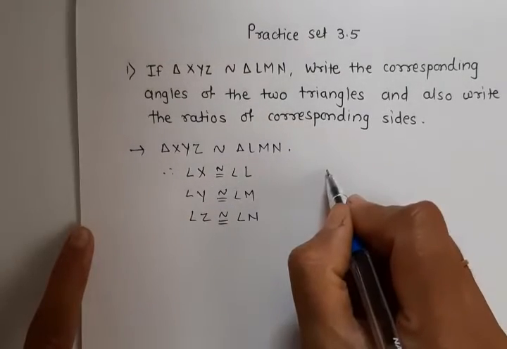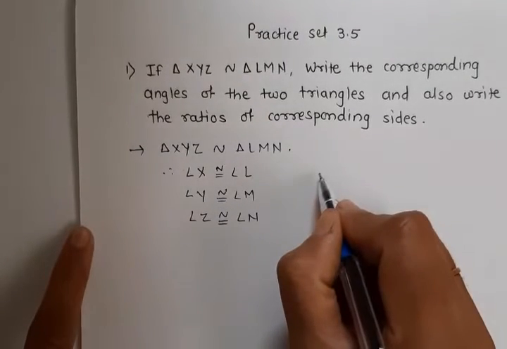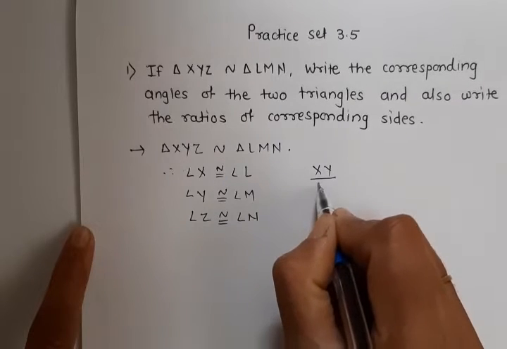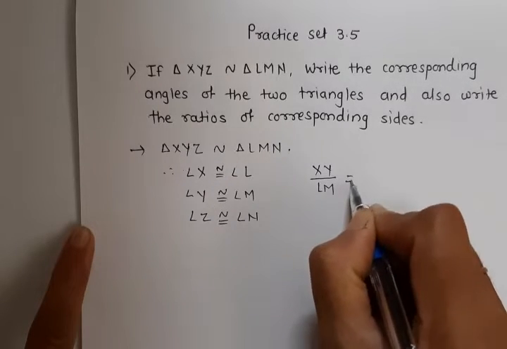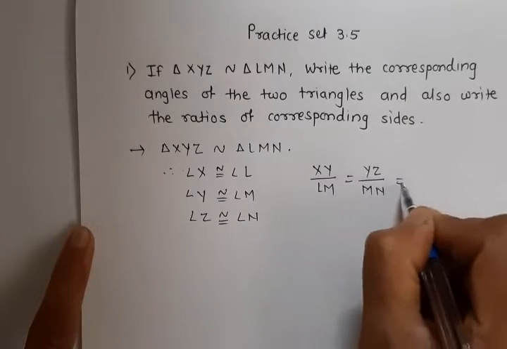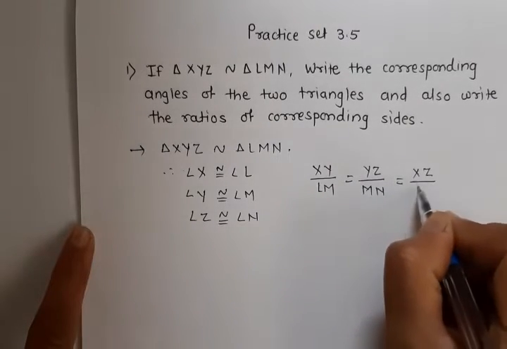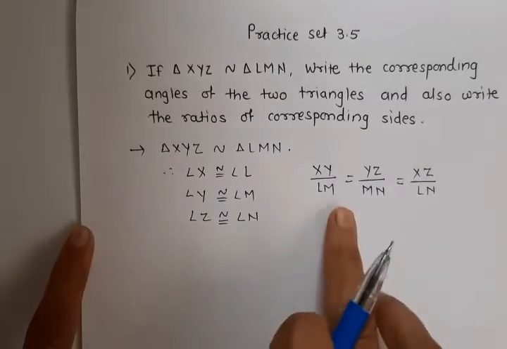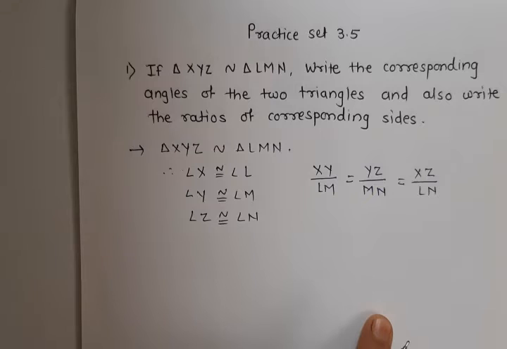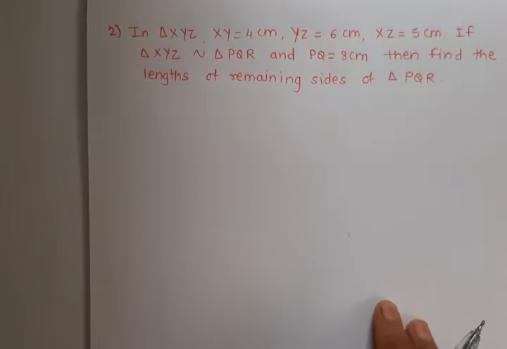The ratio of corresponding sides, that means XY upon LM equals YZ upon MN equals XZ upon LN, and this is the ratio of corresponding sides. Okay, now we'll discuss the second example.